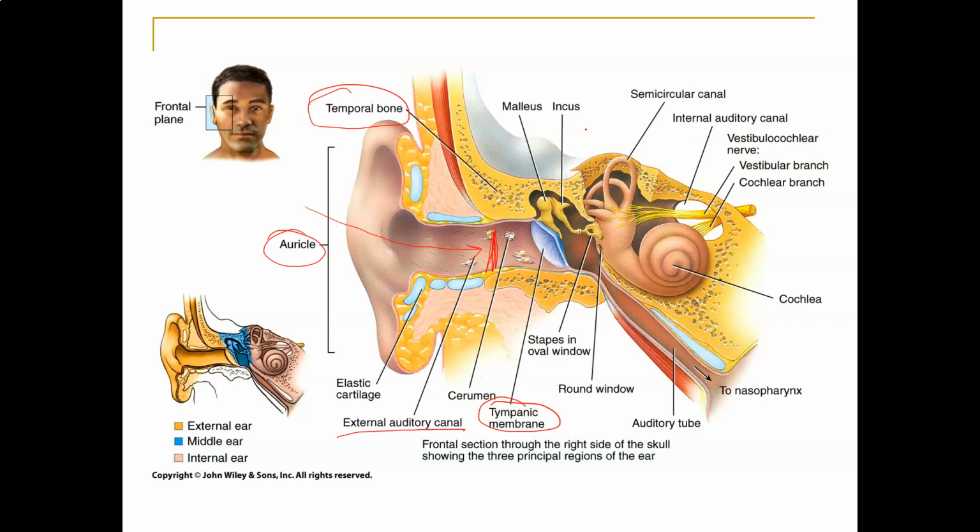The middle ear is shown in here, in this region. It has 3 little bones in it that you did not have to learn when we did the skeletal system, but now you need to learn their names. The malleus is the first one. And then it articulates with the incus, the second one, and the third one looks like a little stirrup on a horse's saddle.